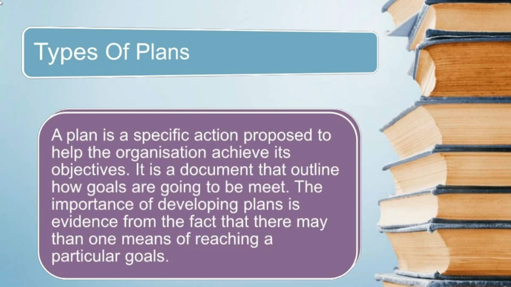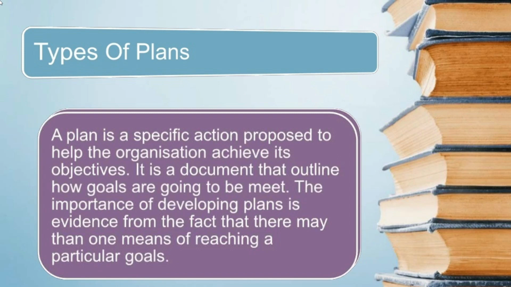Single use plans are one-time use plan. These are designed to achieve a particular goal that once achieved will not reoccur in future. These are made to meet the needs of unique situation.